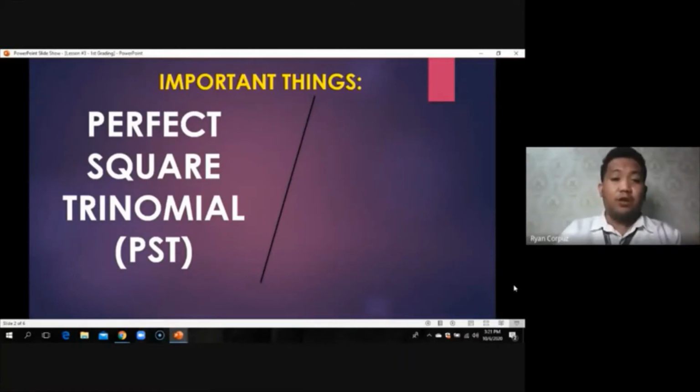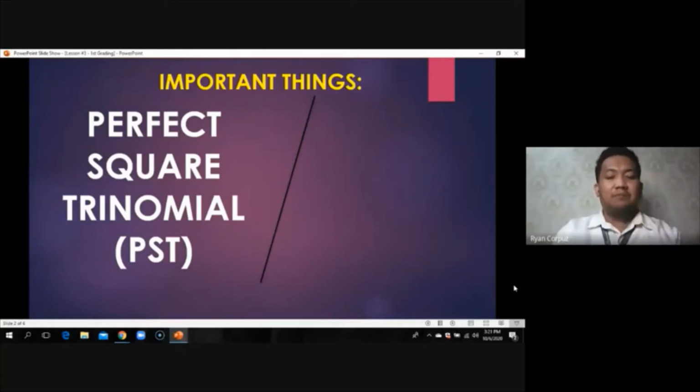So if your first term and your last term is a perfect square, that's one thing na para malaman natin that a given trinomial is a perfect square trinomial, because there is another thing.